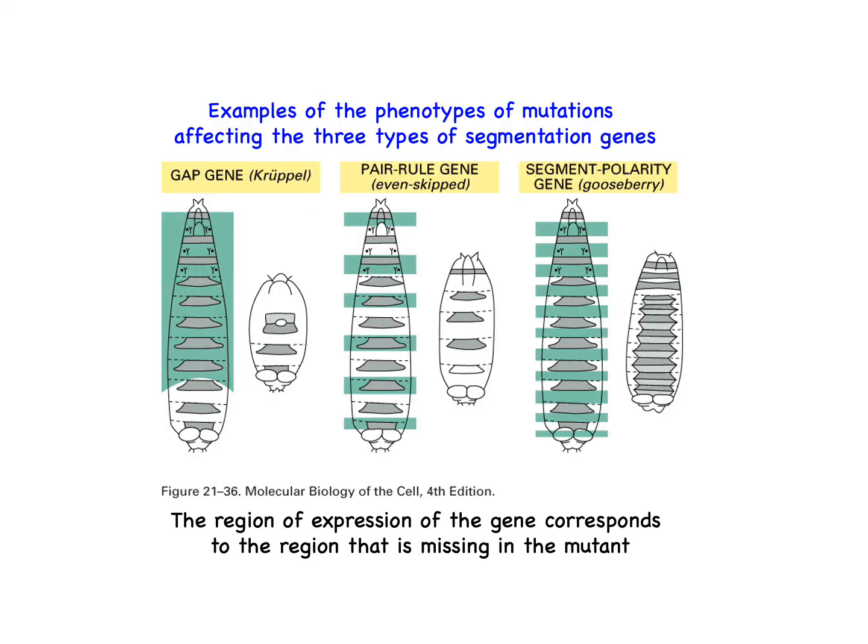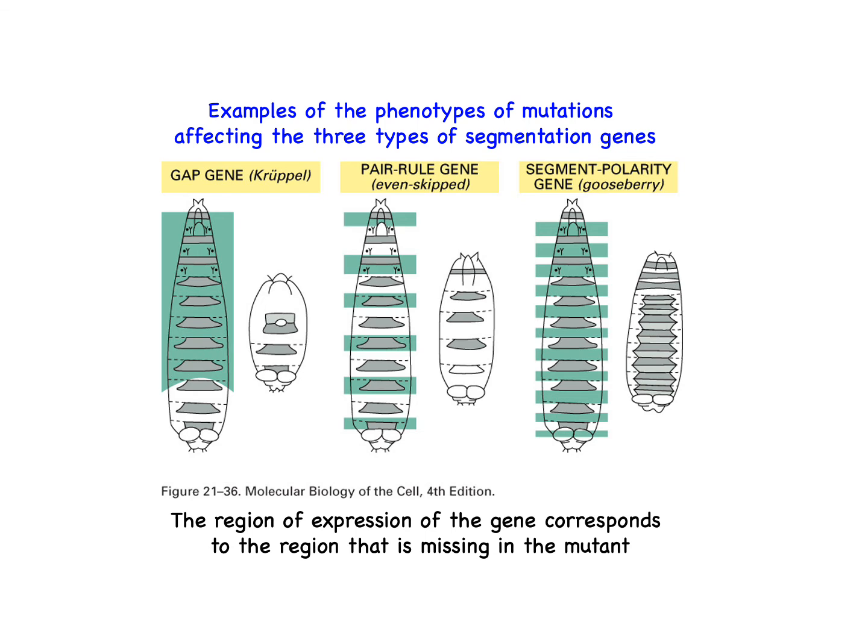Now here are some examples of what happens if you have a mutation in these genes. Basically, for both the gap and the pair-rule genes, deletion of the gene will cause a lack of development in the region where that gene is expressed. So with the gap gene, if we delete the Krüppel gene and its expression area shown in green here, then we see that the embryo develops without that area.